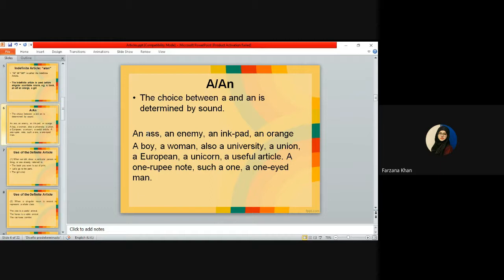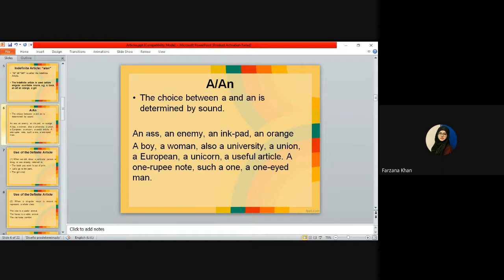Air comes from our mouth without any obstruction. When we pronounce boy, our upper lip and lower lip touch each other and air is obstructed here. So we can say boy starts with a consonant, right?